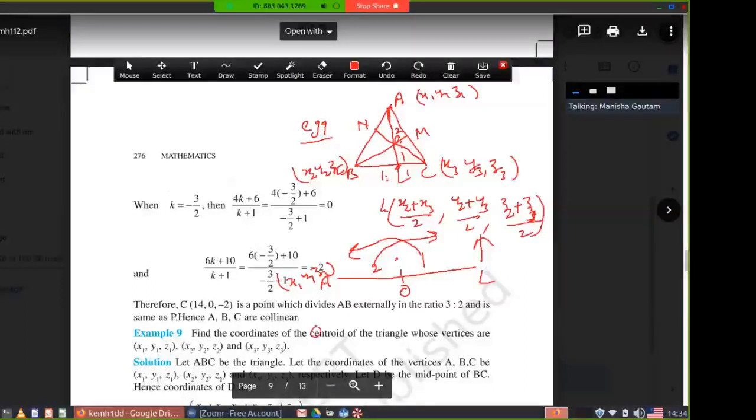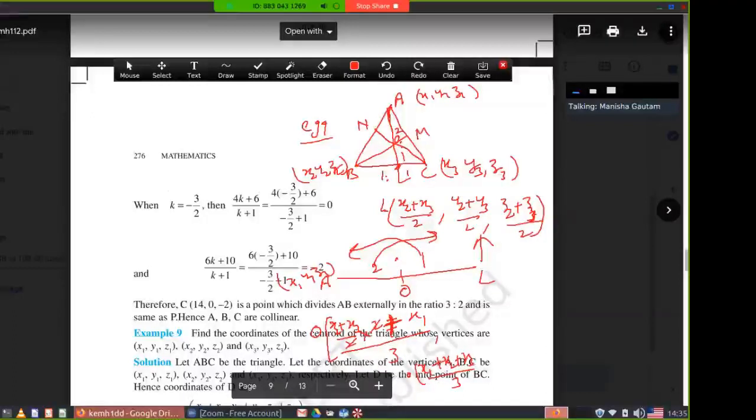The coordinates of O will be what? x2 plus x3 multiplied by 1, plus 1 multiplied by x1, upon 2 plus 1, that is 3. What you will get? This 2 is cancelled by this 2. You are getting x1 plus x2 plus x3 upon 3.